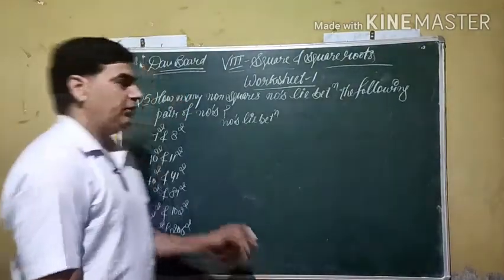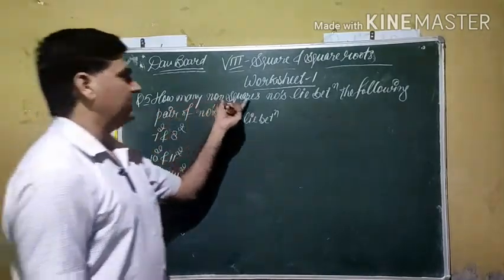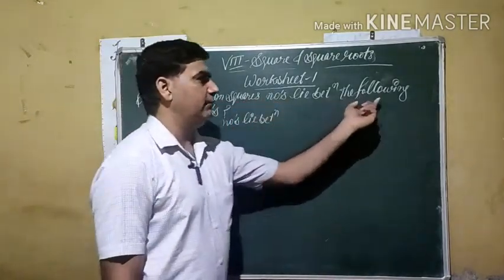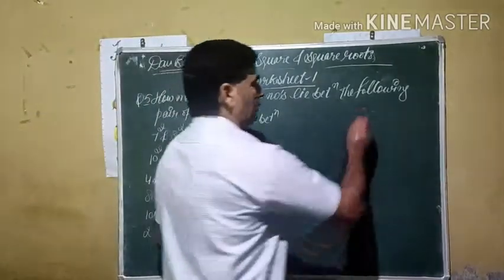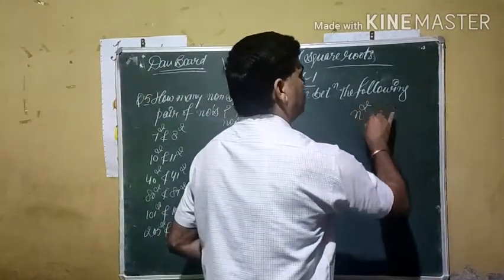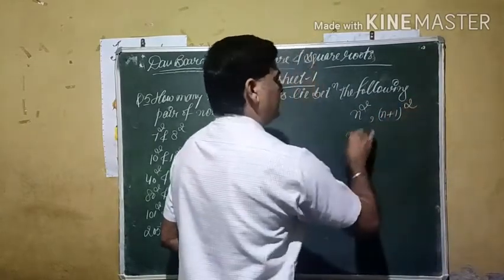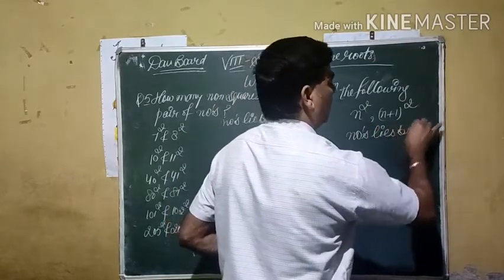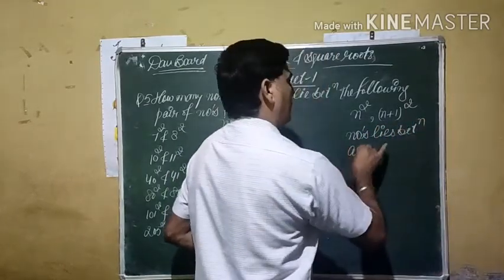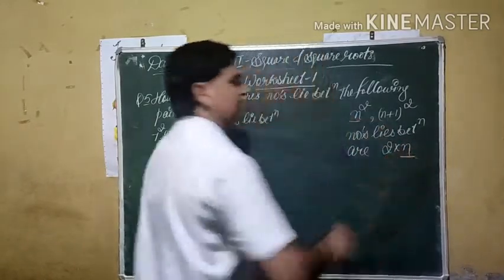Now we are going to continue with question number 5. Question number 5 is, how many non-square numbers lie between the following pairs of numbers? We have done the rule: when we have two perfect square numbers like this, the numbers lying between are double of the smallest base.